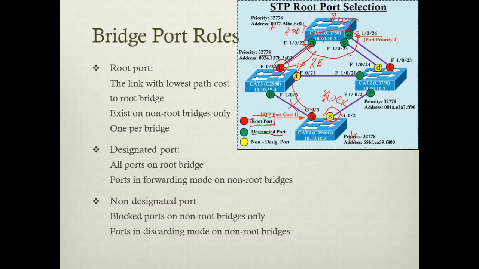Over here we have the loop of these two things, and it's Fast Ethernet 1/23 and Fast Ethernet 1/24. You notice that 23 is the forwarding port, the root port, and 24 here is a non-designated port, the one that is blocked.